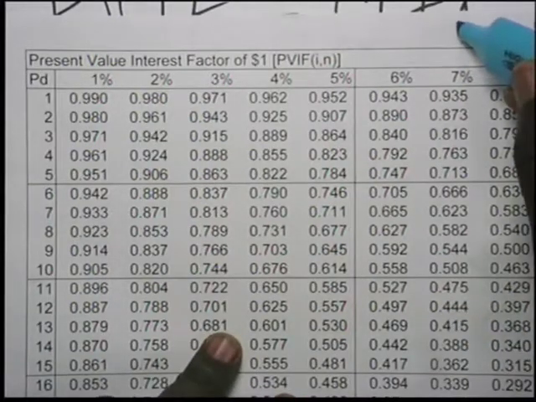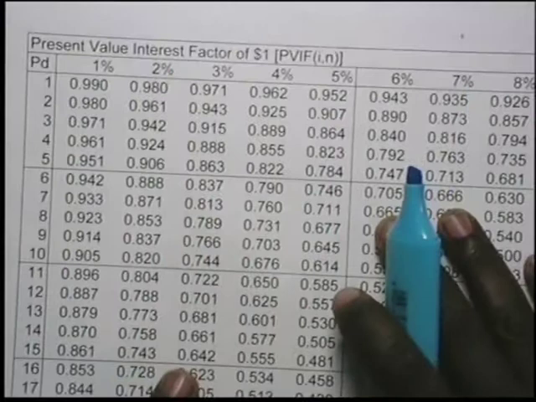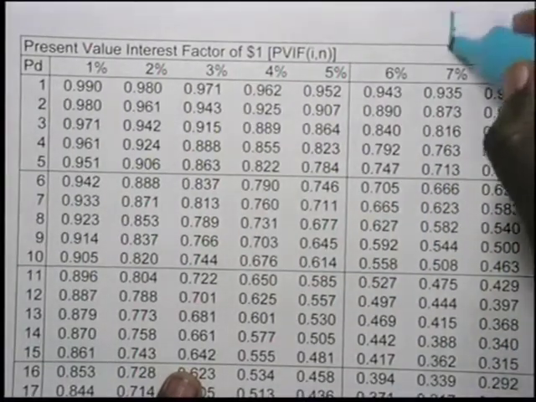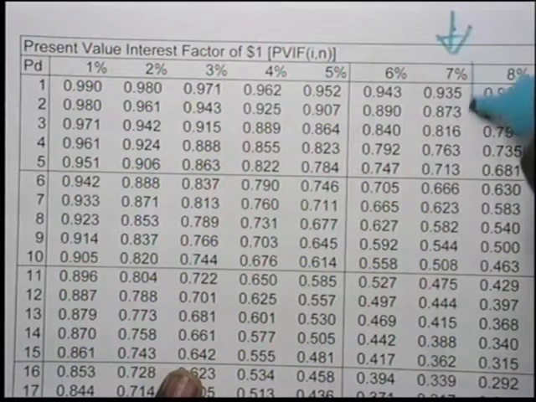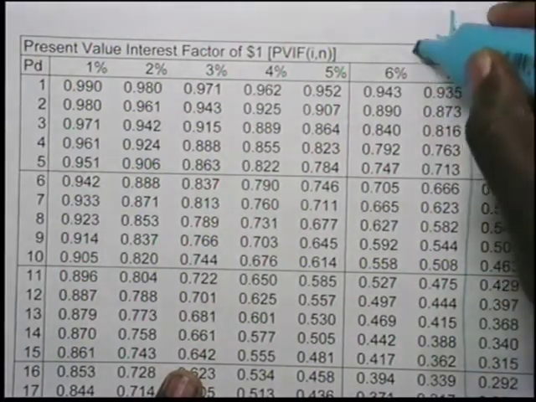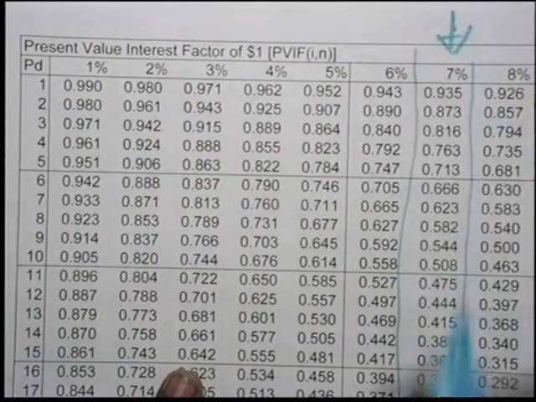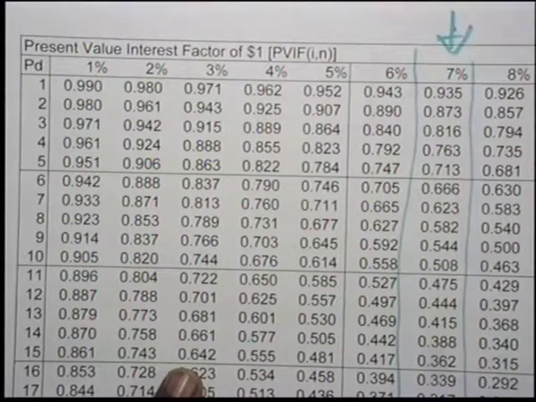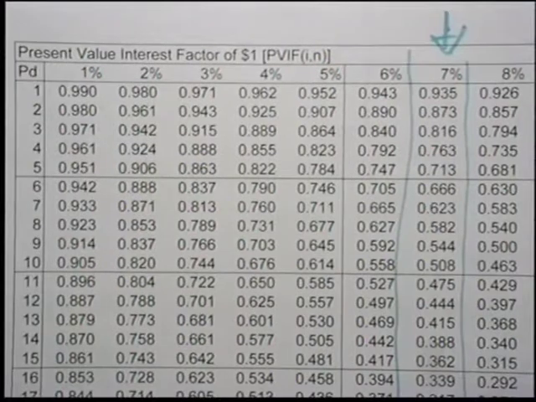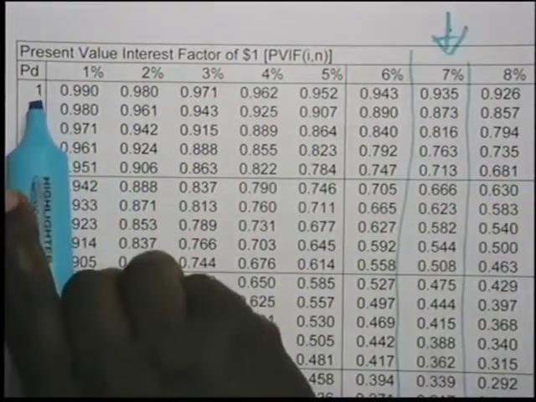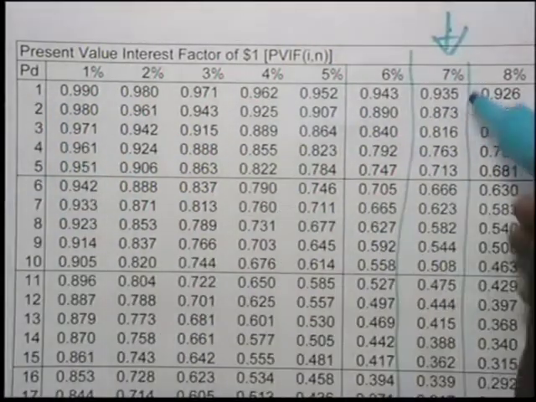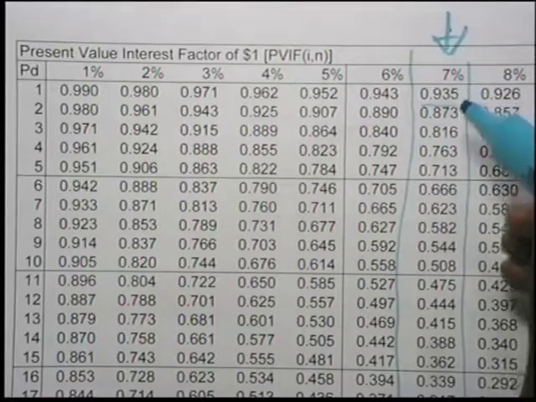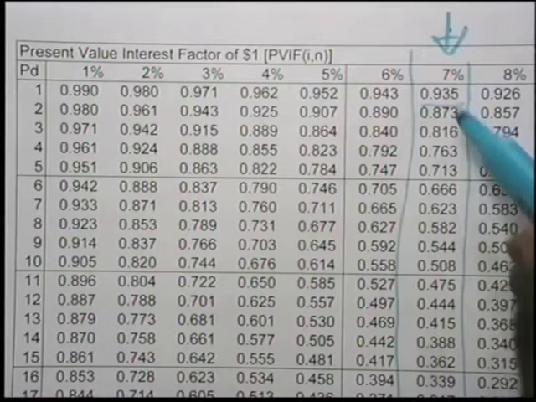7% is somewhere here. This is where my 7% is. So I'm focusing on this one. Let me highlight it. This is the column that I'm focusing on. Now, when you look at the figures, I want you to be looking at the figures on the slide as well. At the end of year 1, I've got a figure here, 0.735.